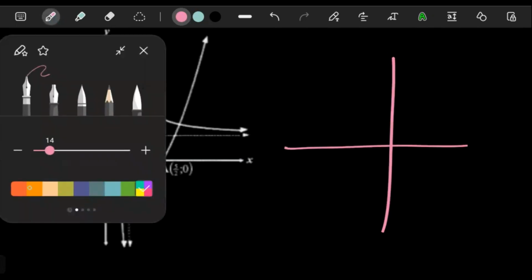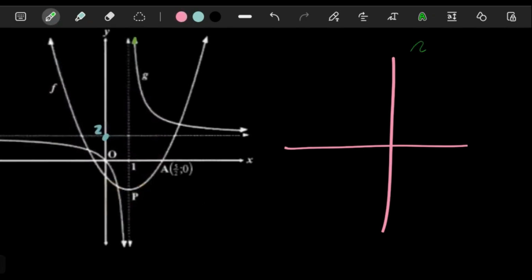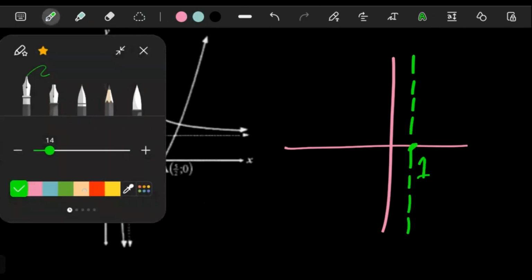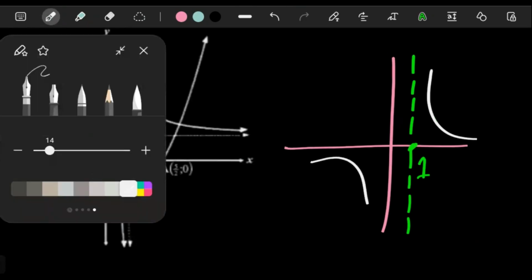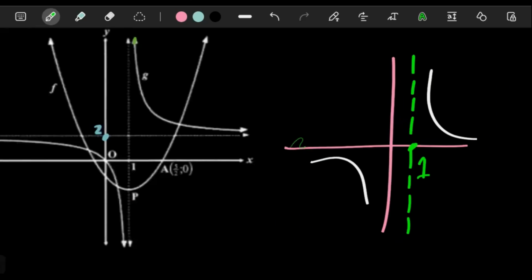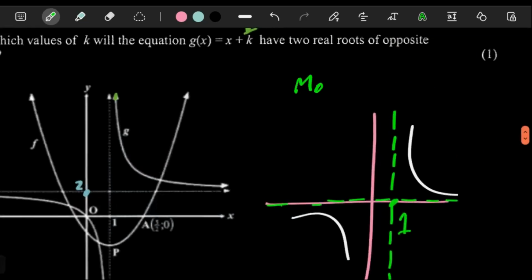Your x asymptote we know would stay exactly the same, still at 1 here. So if you have moved it exactly 2 units downwards, your graph would visually look like this. You'd have your curve over here, you'd have your curve over there. It wouldn't have any x-intercepts because the asymptote would be here at 0. This is if it was just moved 2 units down.